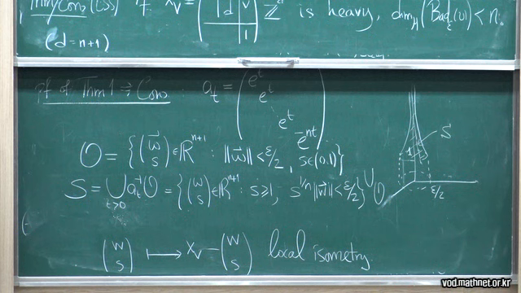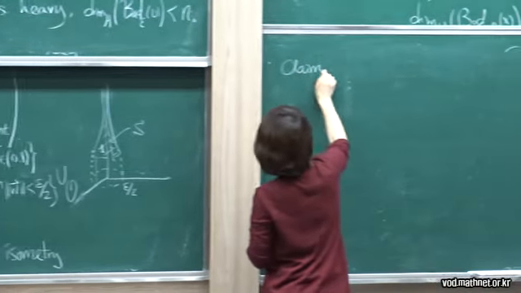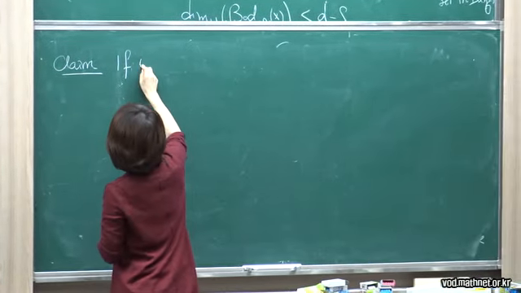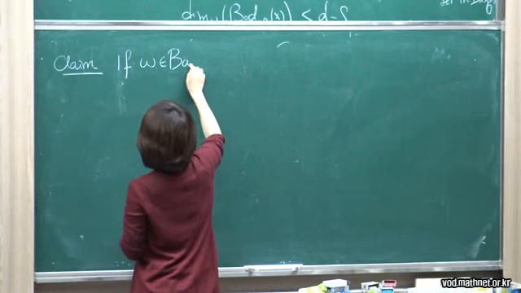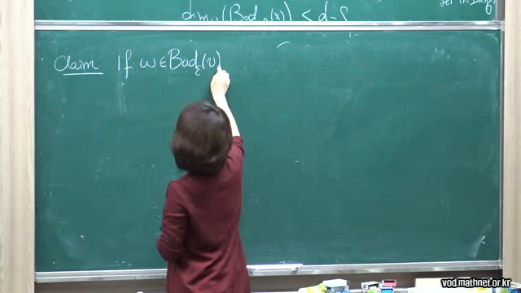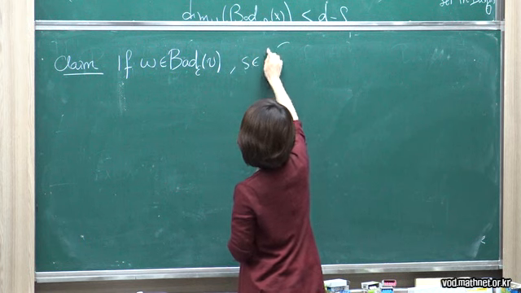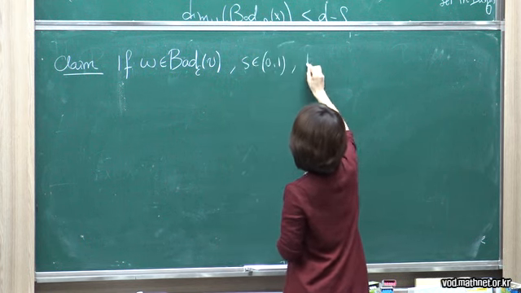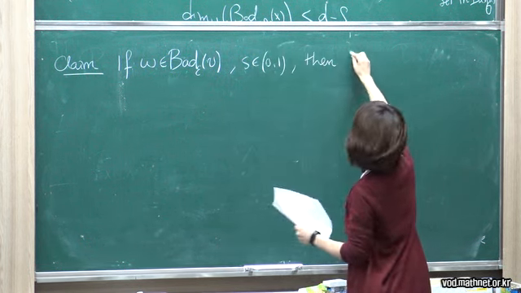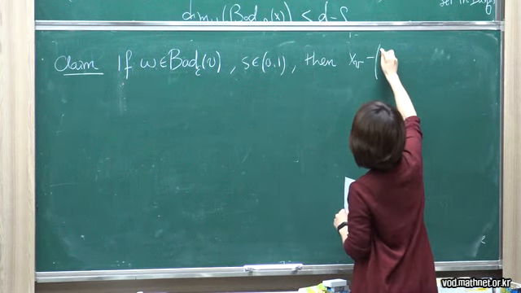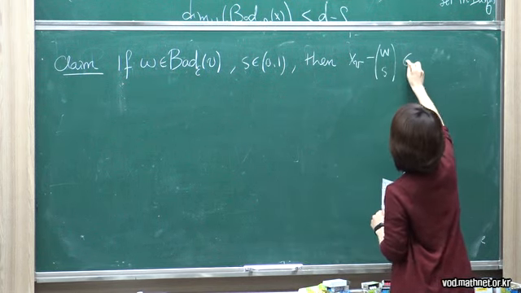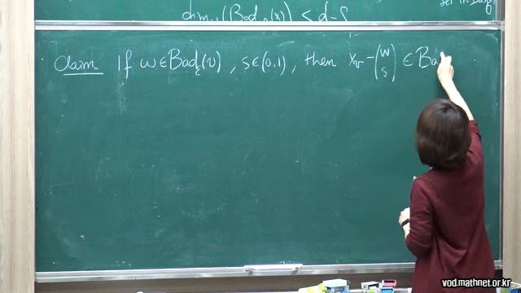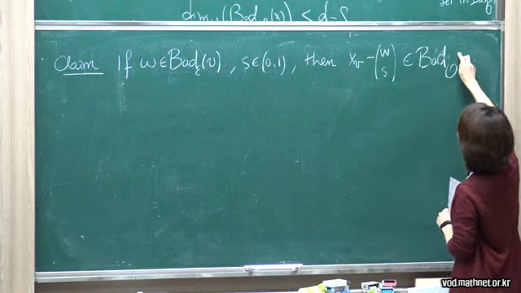So now, I want to say that if W is epsilon-bad for V, and S is, say, in (0, 1), then the image, X_V minus (W, S), is an O-bad grid over X_V.